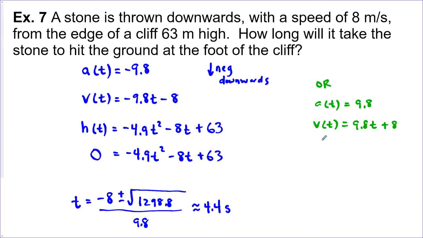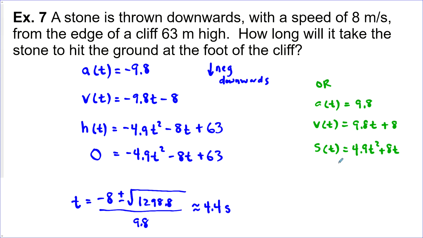And then we could take the antiderivative of that to get our displacement equation, plus 8t. And this time our initial displacement is just 0. The rock hasn't gone anywhere at time 0, it's at its starting position.